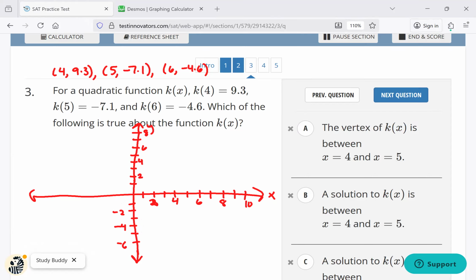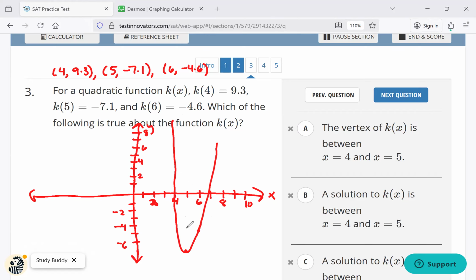If I plotted 5 comma negative 7.1, it would be right about here. 6 comma negative 4.6 is here, and then 4 comma 9.3 is right about here. So if you connect the dots, and this is a quadratic, so this is obviously going to go up.